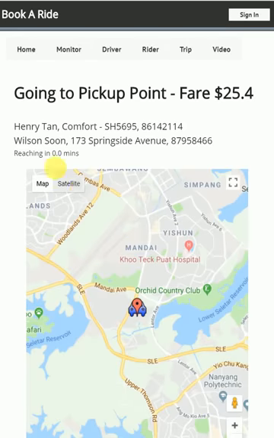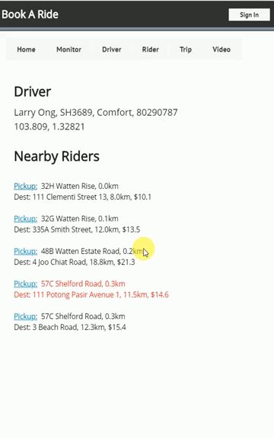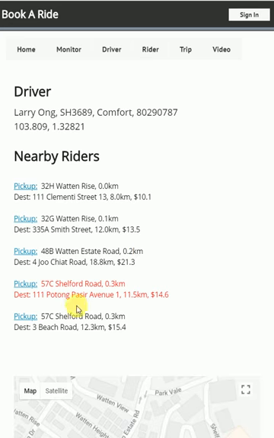Okay, and he can pick up the customer just a few meters away. We'll take a look at another driver, and this time we look for Larry Ong. Yes, there are 5 to choose from, and he probably finds that $21, 0.2 kilometer, will be a good customer to pick.